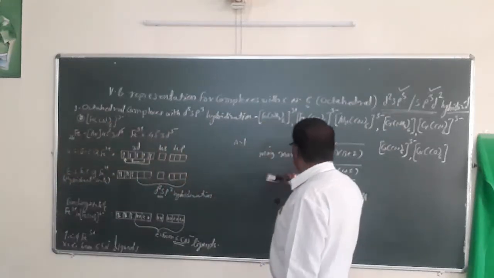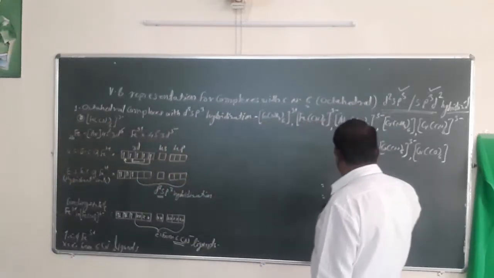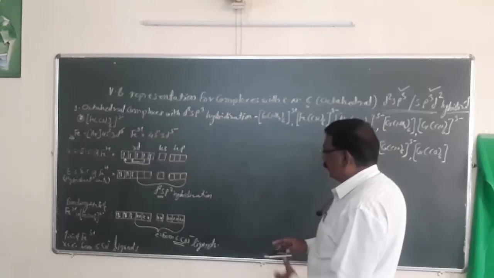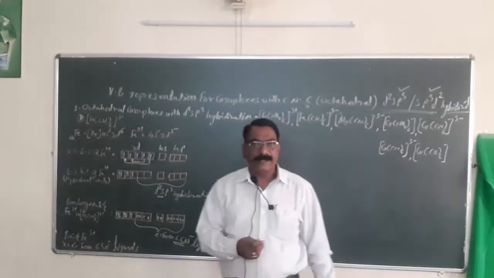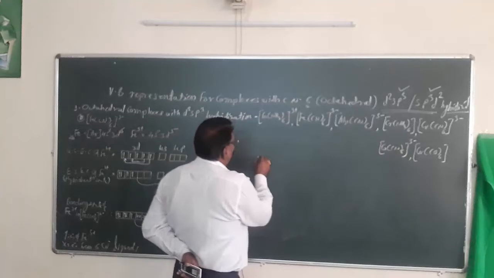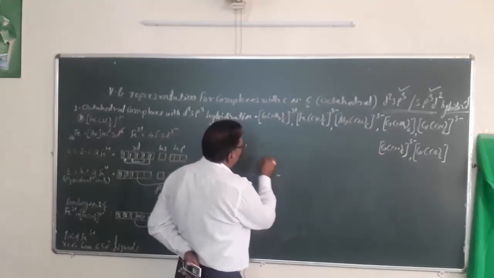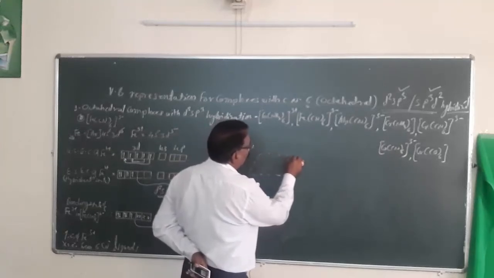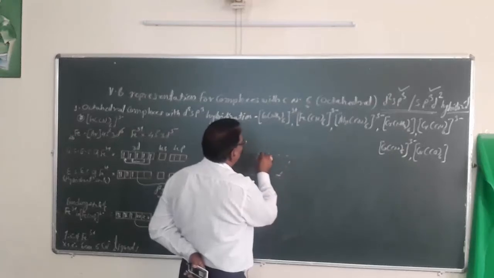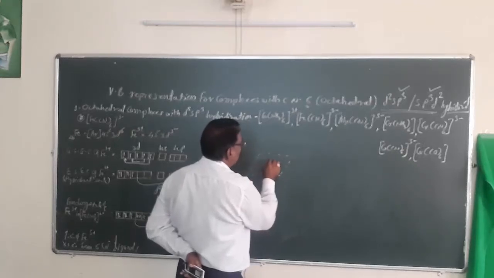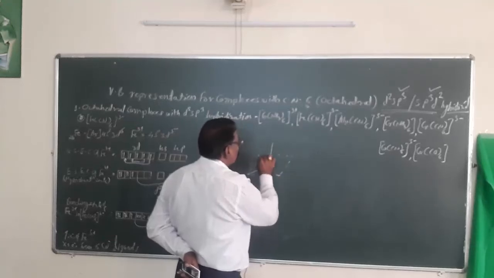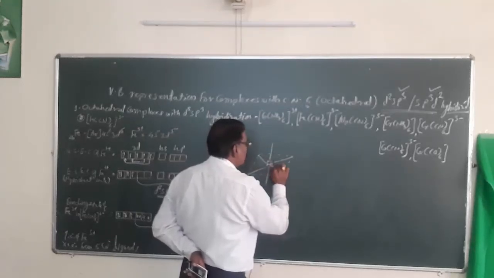See, when we consider the octahedral geometry, in the octahedral geometry 4 ligands and the metal atom are in the same plane. One is above the plane. Here the metal atom is Fe. See, these are the 6 ligands.